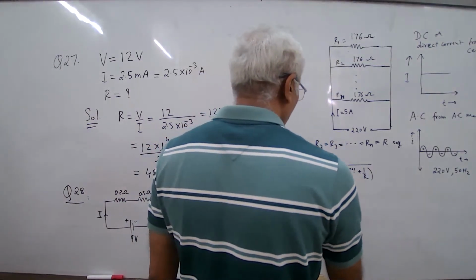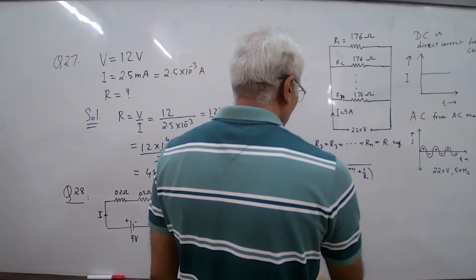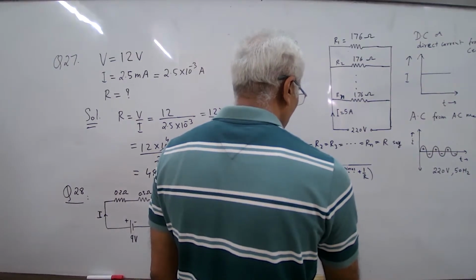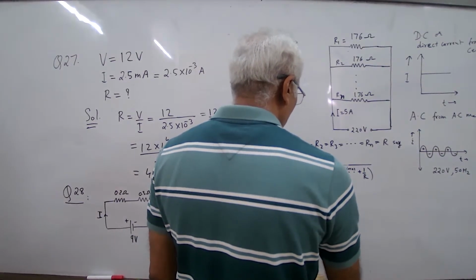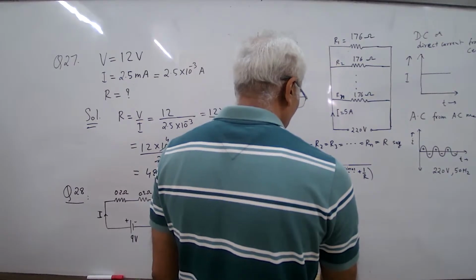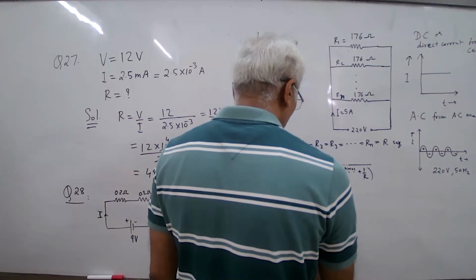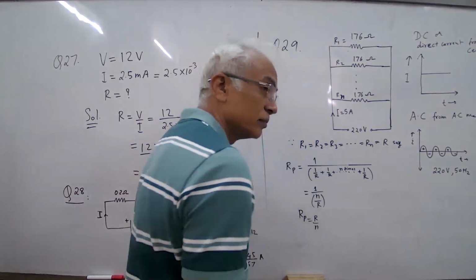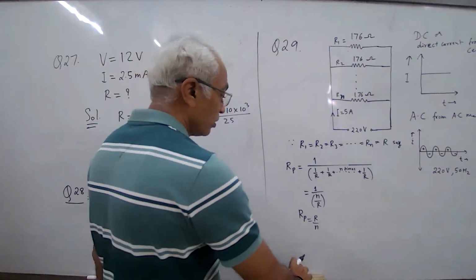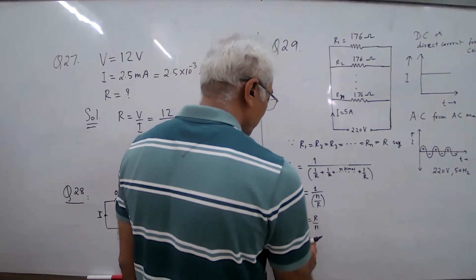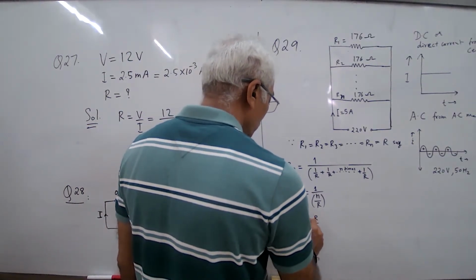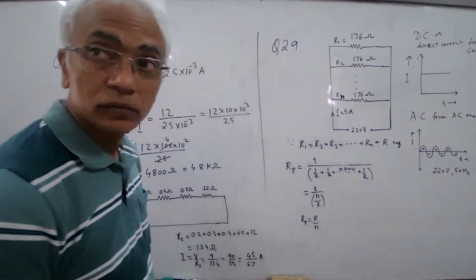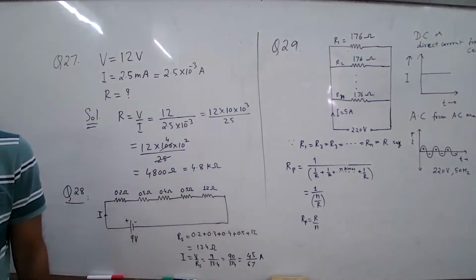So this will become 1 by n by R, correct? So this will get R by n. This is Rp. The parallel of n resistances of equal value is this.